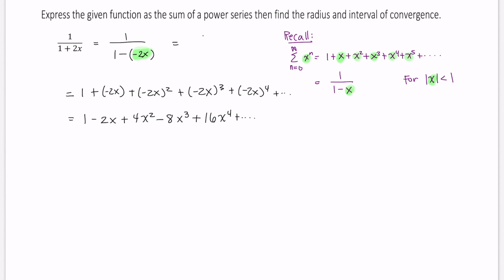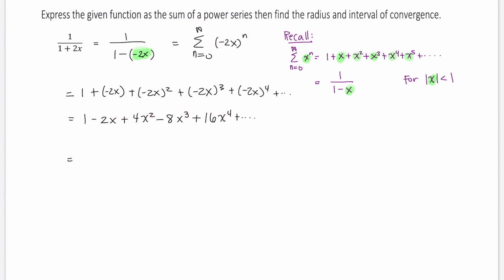Well, from here we see really easily that this is the sum from n equals 0 to infinity of whatever my blob is, so that's negative 2x to the n power. We can also determine it from a pattern here. So if this is the 0th term, this is the n equals 1, 2, 3, fourth term, and so on, you can easily see that the exponent is always the n, and the coefficient is always 2 to that n power.